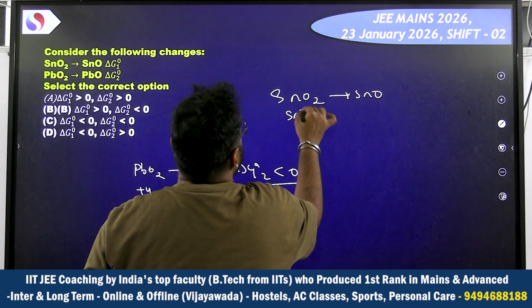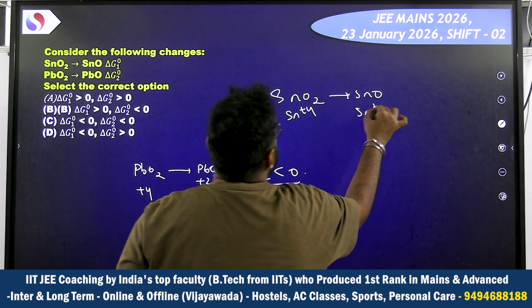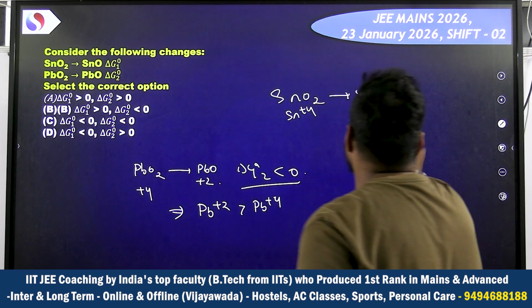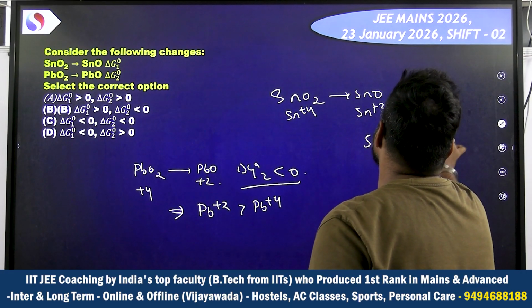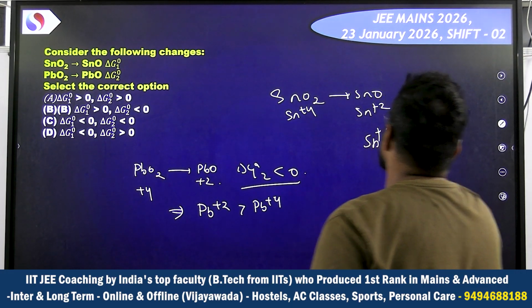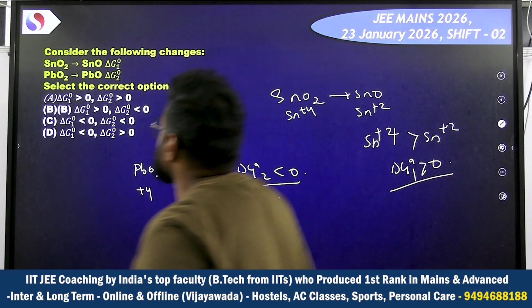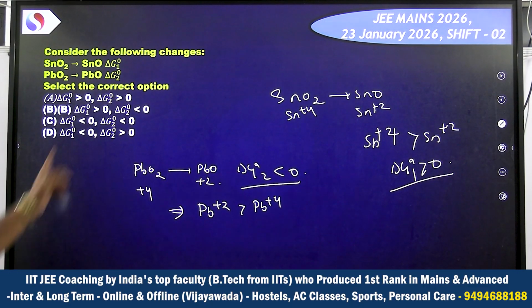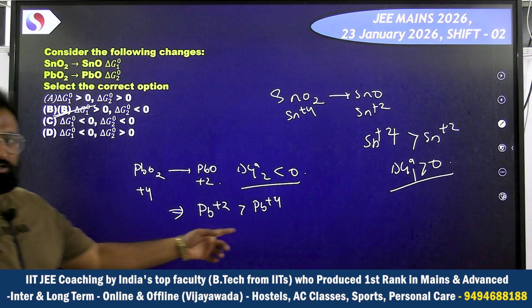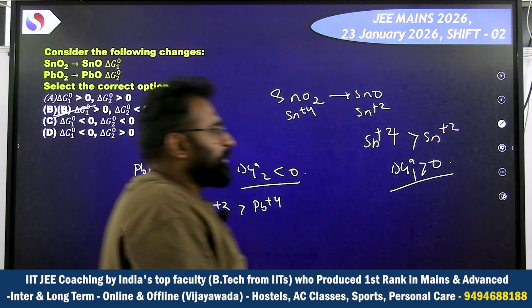This is Sn +4, this is Sn +2. So Sn +4 is more stable than Sn +2. This means for this reaction delta G1 is greater than 0, non-spontaneous. So which is the correct option? Delta G1 is greater than 0 and delta G2 is less than 0. So option number B is the correct option. This is a non-spontaneous reaction.